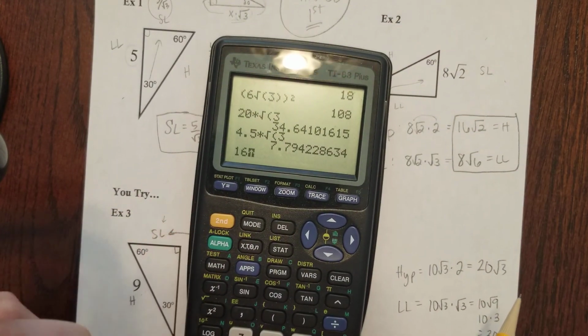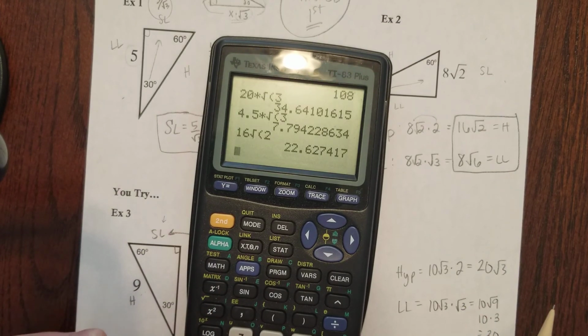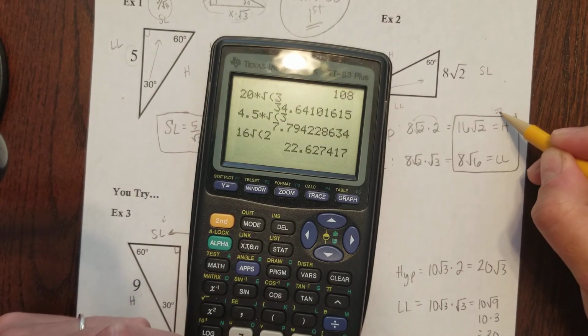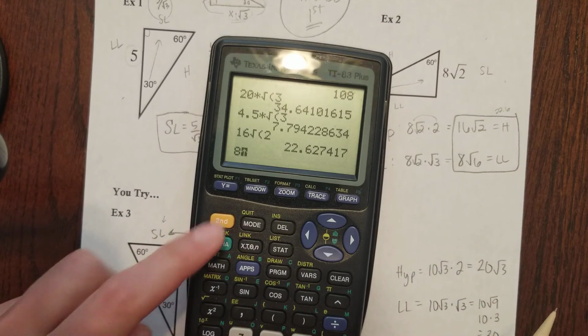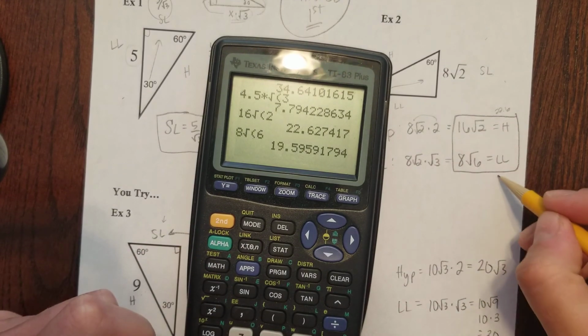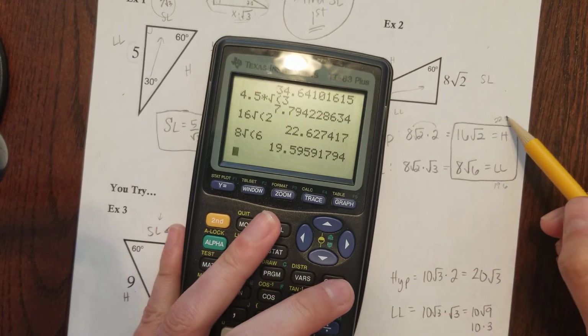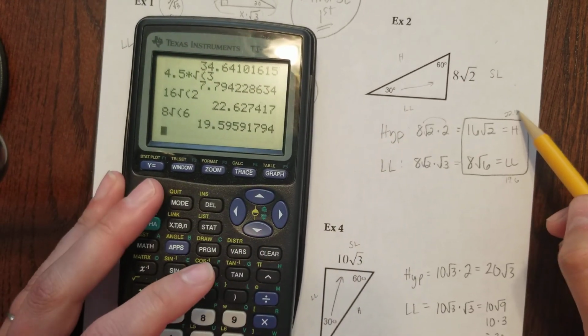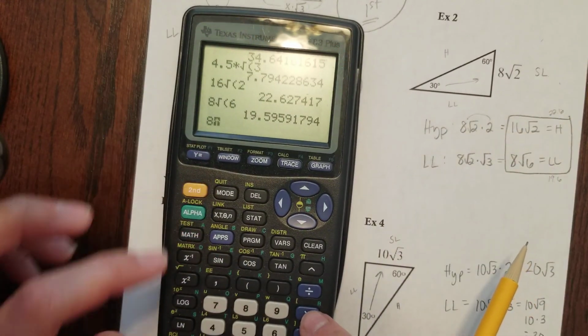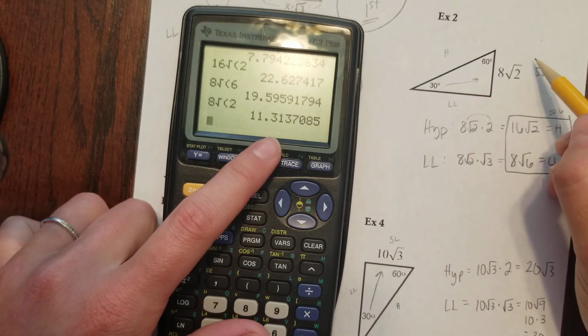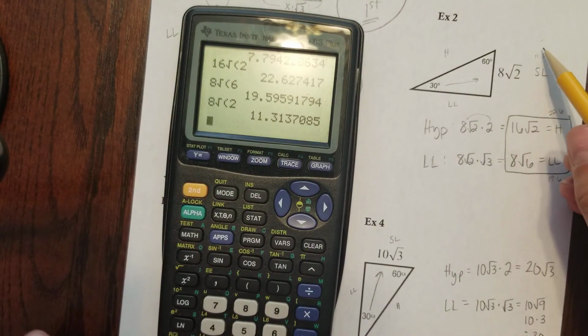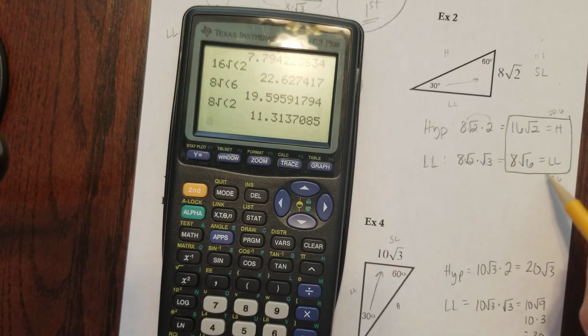So 16 root 2 is about 22.6, and 8 root 6 is 19.6. So that's clearly the biggest one. And then our short leg is 8 root 2. So this is about 11.3. So shortest leg is the smallest number, long leg is the middle number, hypotenuse is the biggest number.